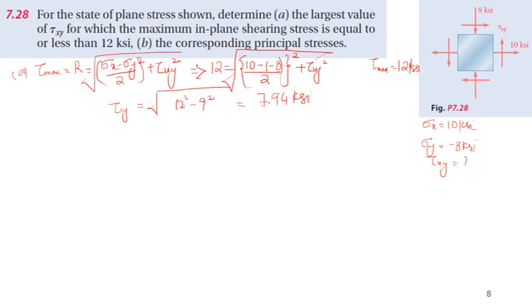So that is the largest value of tau xy. It can be due to shear stress from a transverse load, or it can be due to torsional moment, that can be 7.94 ksi on that problem. Okay, now part B, we have to find the principal stresses.